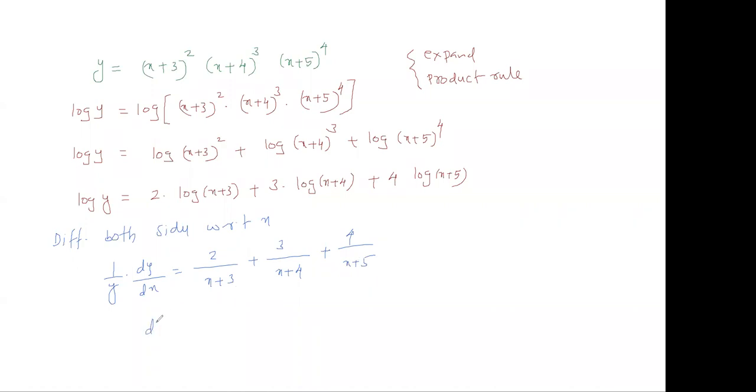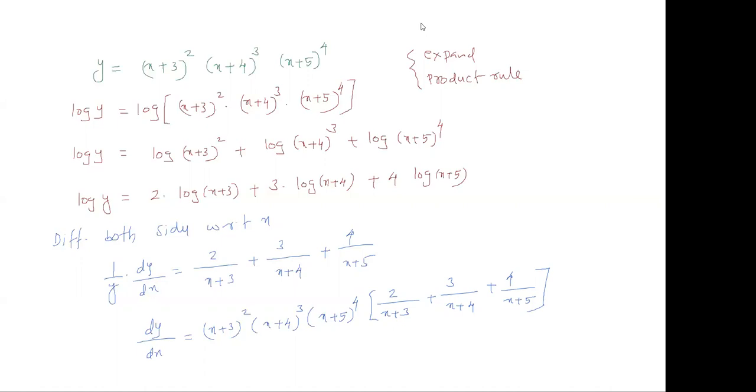So that means dy by dx is equal to, cross multiplying with y, y into, where y is (x plus 3) the whole square into (x plus 4) the whole cube into (x plus 5) the whole to the power 4, again into [2 by (x plus 3) plus 3 by (x plus 4) plus 4 by (x plus 5)].